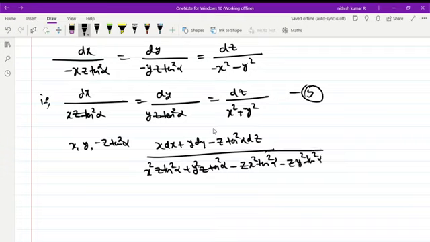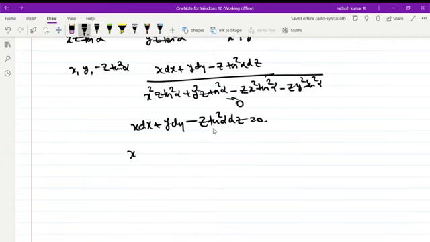Now if you observe, this cancels with this, they cancel with one another, so I'm getting this denominator equal to 0. So I'm getting x dx plus y dy minus z tan square alpha dz equal to 0. By integrating this we get x square by 2 plus y square by 2 minus z square by 2 tan square alpha.